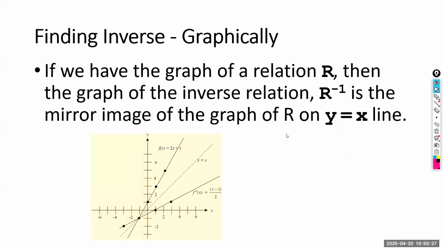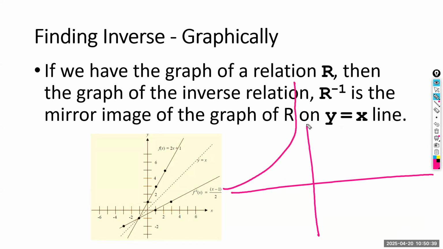Right. How do you find it graphically? Maybe you are given the graph of the relation. Maybe this is the graph. So you are supposed to draw the inverse relation. It's very easy. Take the y equal x line. That is 0, 0, 1, 1, minus 1, minus 1, 2, 2, and so on.